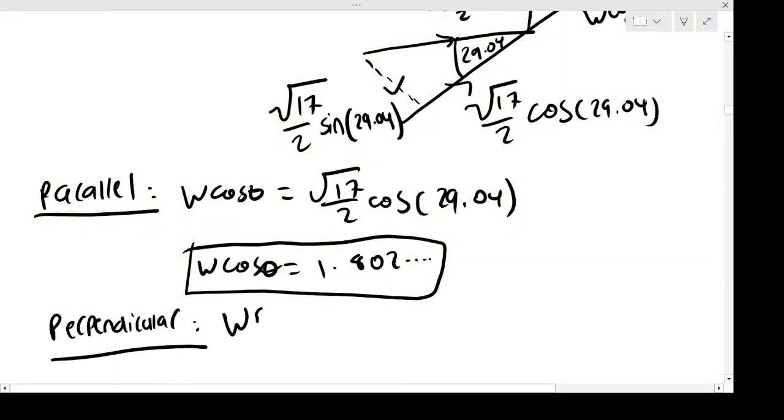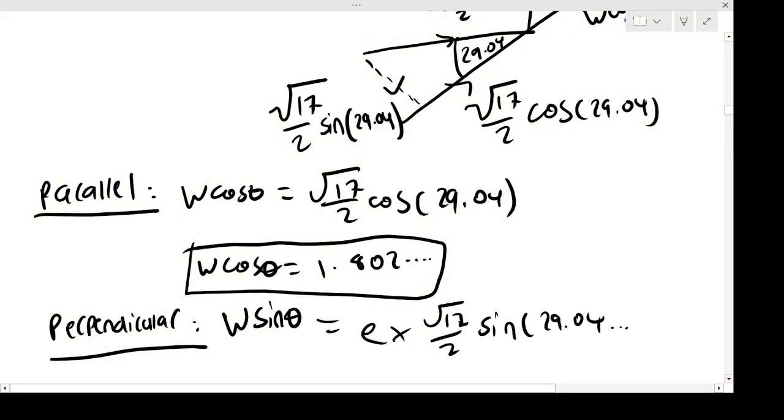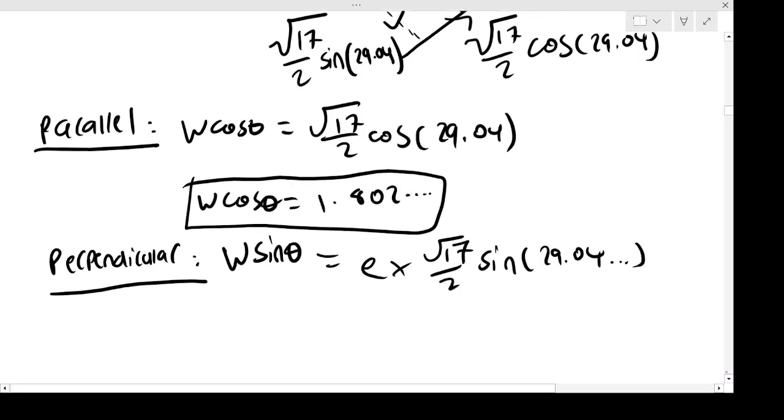Okay, and then perpendicular. We're going to get w sine theta to be e lots of root 17 over 2 sine of 29.04. Okay. And so remember e I think was 0.6.